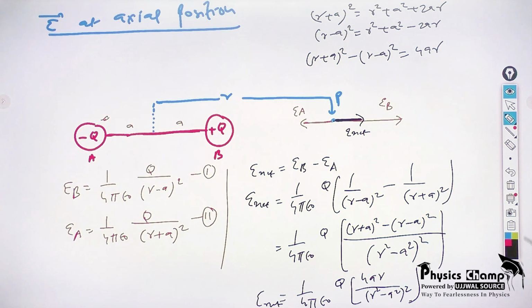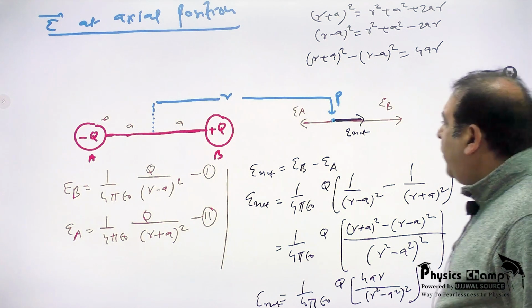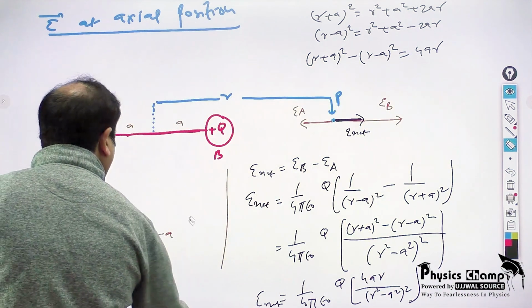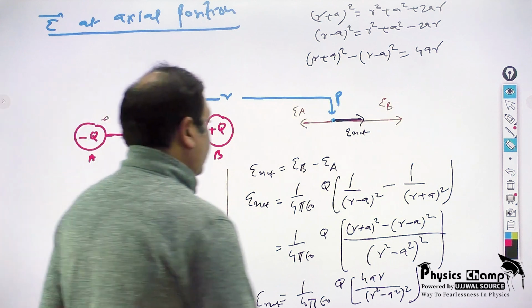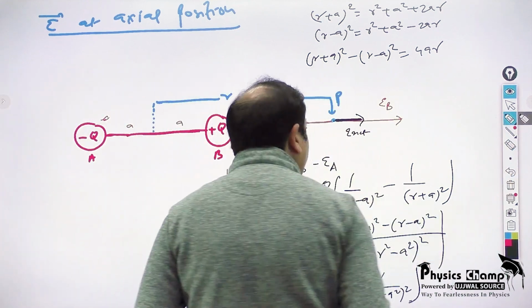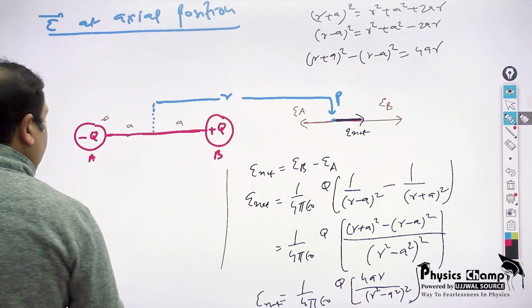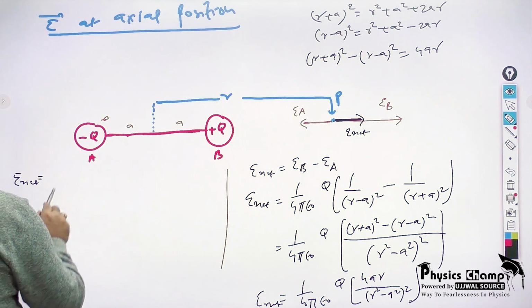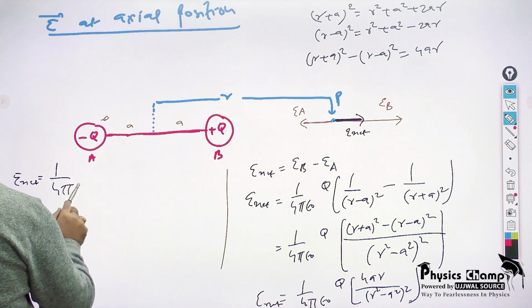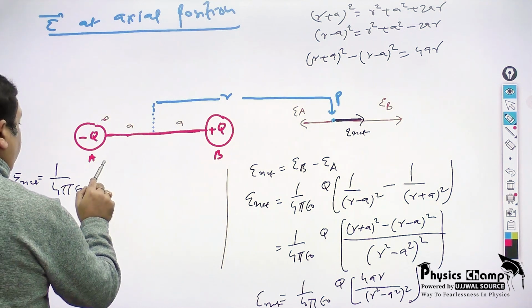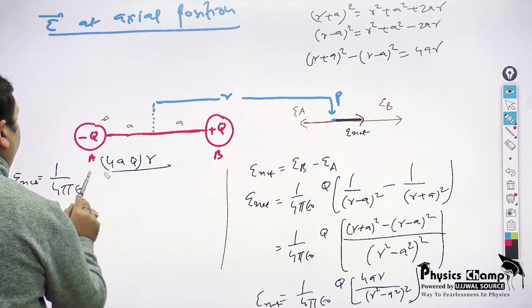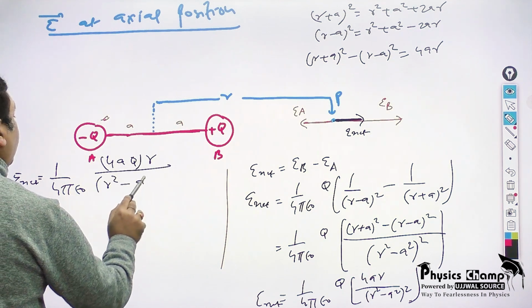Now the net electric field at point P has a value E net equal to 1 by 4 pi epsilon naught 4aQ into r by (r square minus a square) whole square.